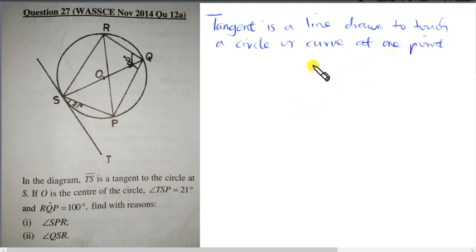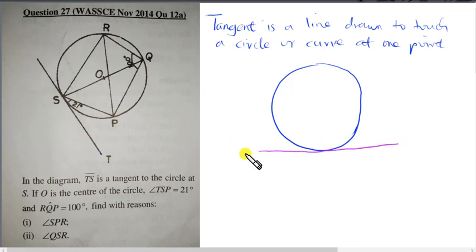Now, I want to talk about a very special circle theorem which occurs when we have a tangent. Let us take this as my circle, and let me draw a tangent to this circle. I'm going to draw a line which touches the circle at only one point.